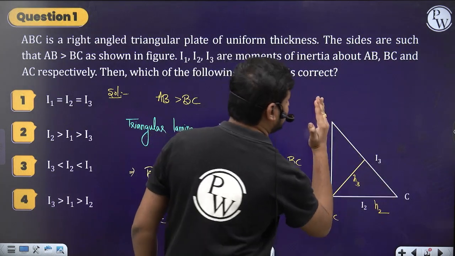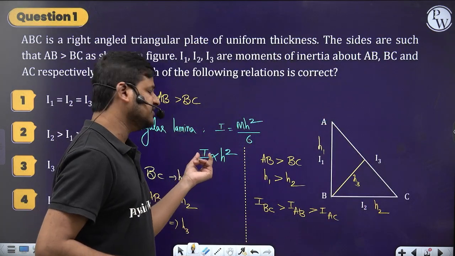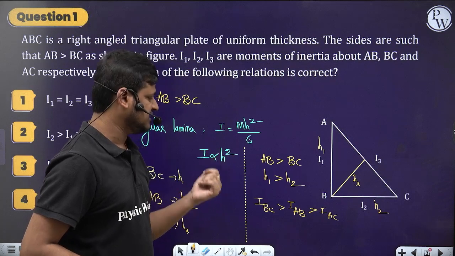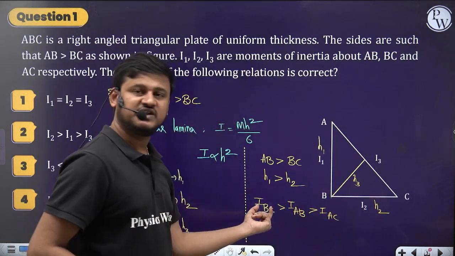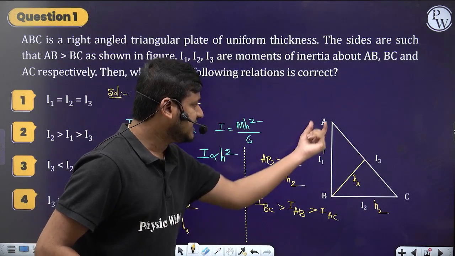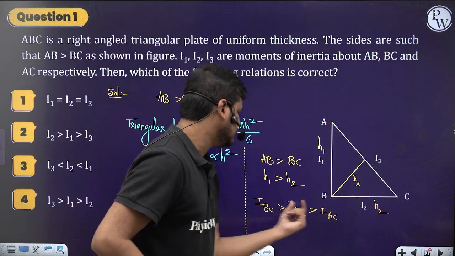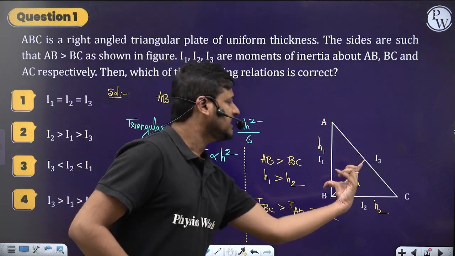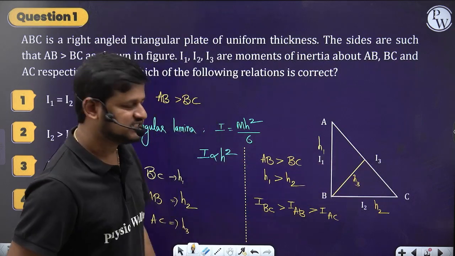For BC, this will be the height which is highest, so the moment of inertia will be high, because moment of inertia is directly proportional to height square. Then for AB, BC will be the height. The least is for AC, because the height will be this one, which is least among the three.